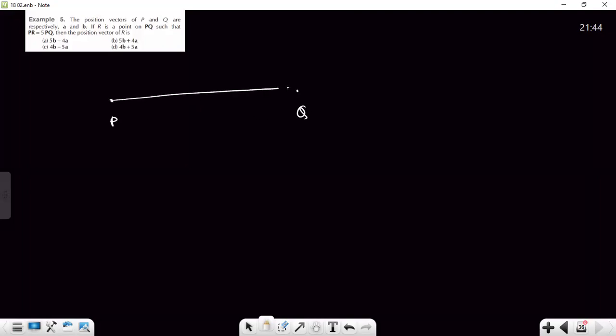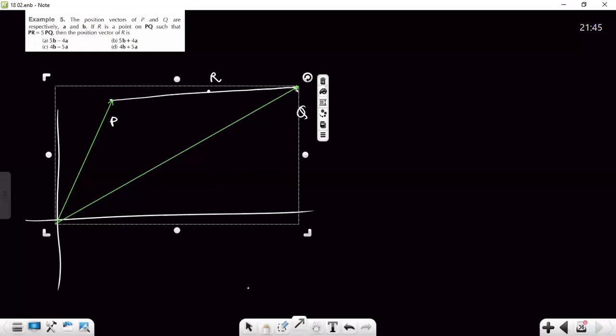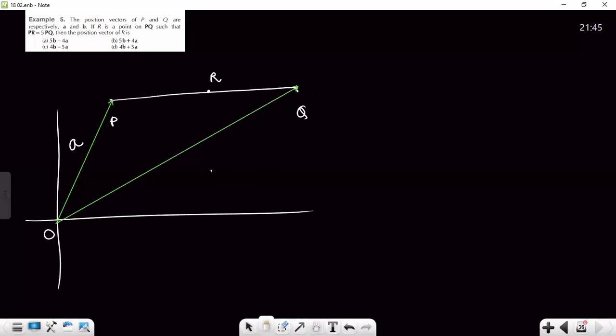This is the vector PQ. R is a point on the PQ line. Let's draw from the origin OP vector. OP vector is given as A, OQ vector is given as B. R is a point on PQ such that PR is equal to 5 times PQ.